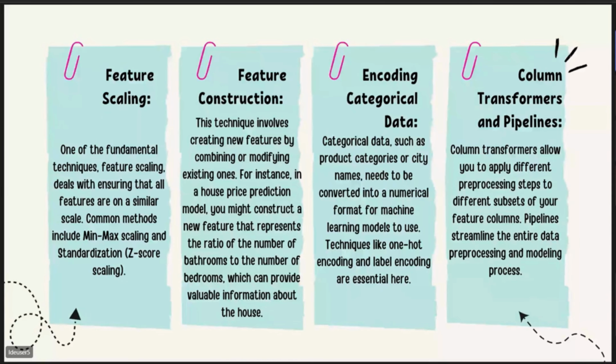So therefore, you always try to scale your features. Scaling is nothing but ensuring that all the features are on common ground. The methods you would commonly come across are min-max scaling and standardization, also called Z-score scaling.